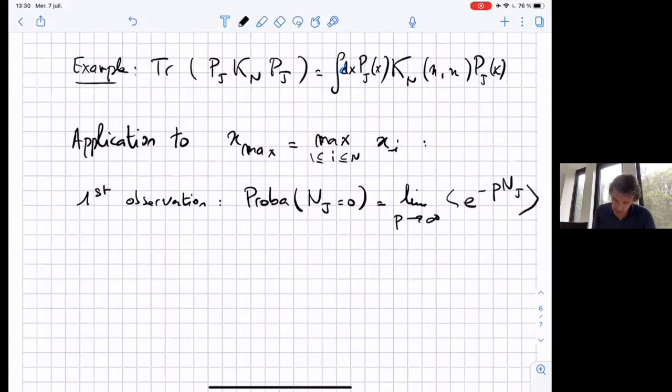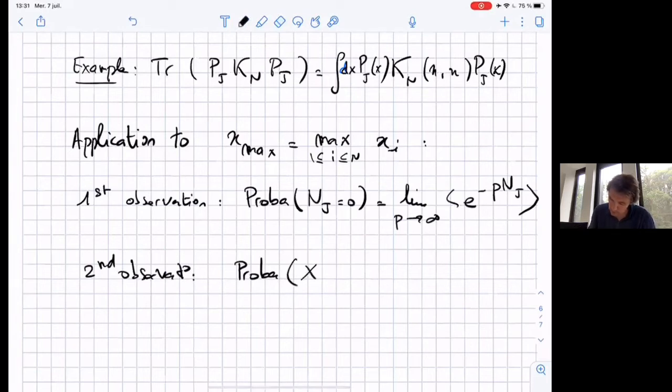Now the second observation, which is more specific to x max, is this.